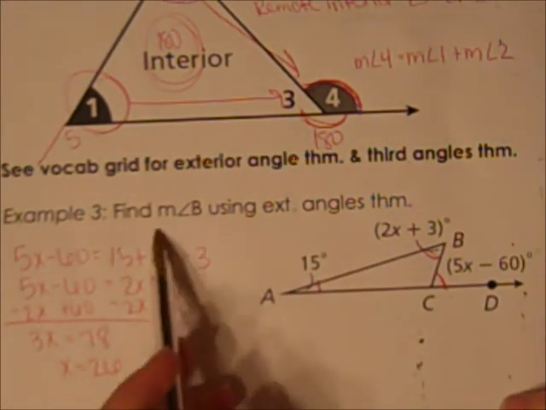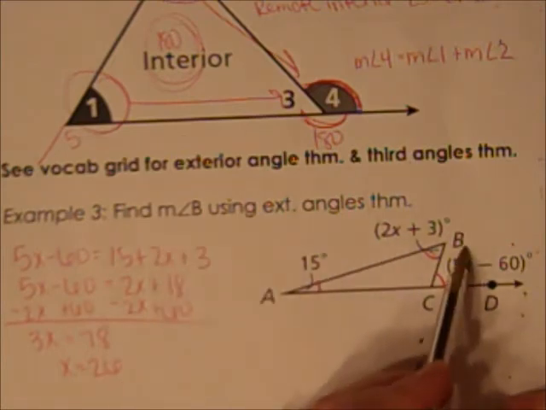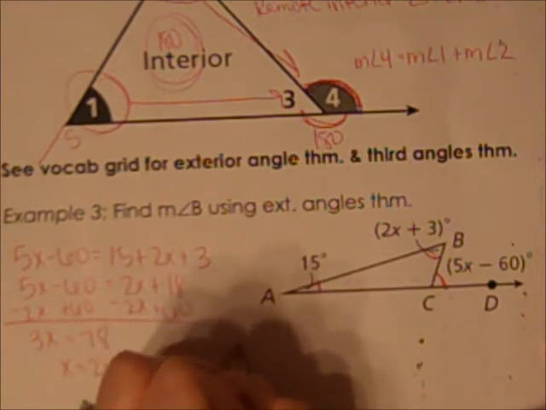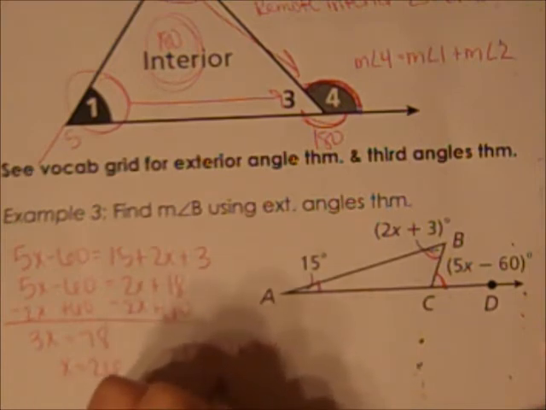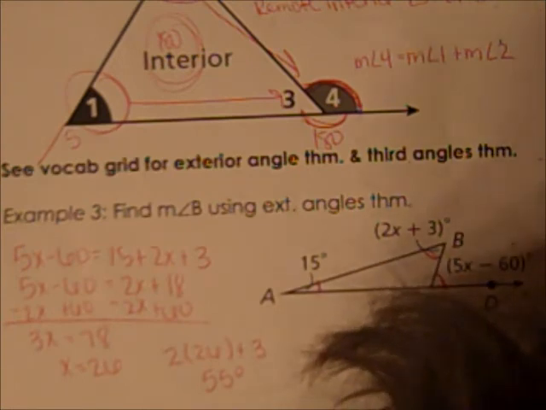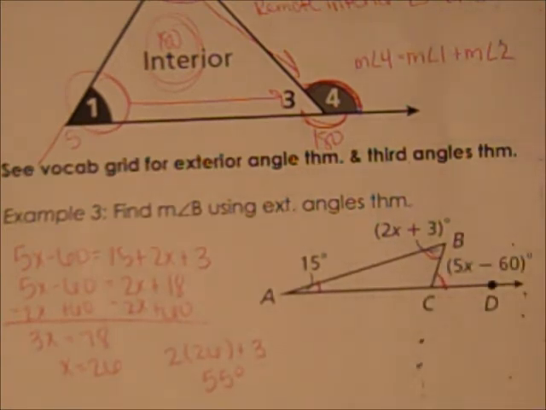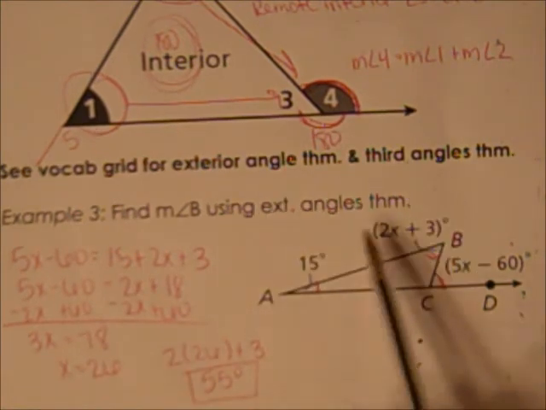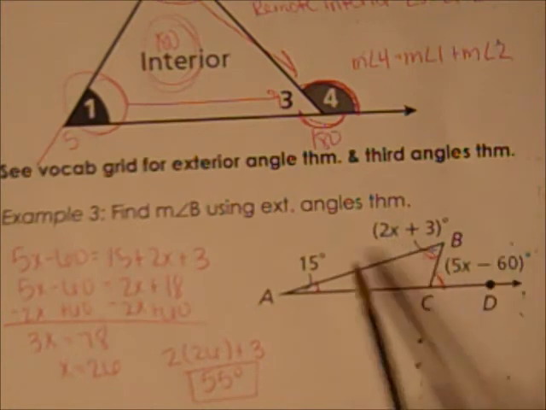It said to find the measure of angle B, so I'm going to plug that in here. 2 times 26 plus 3 is 55, right? Yeah, 55. Good. So we can make sure that that is 55 degrees there. The important thing here is the exterior angles theorem: outside equals the two remote interiors added together.